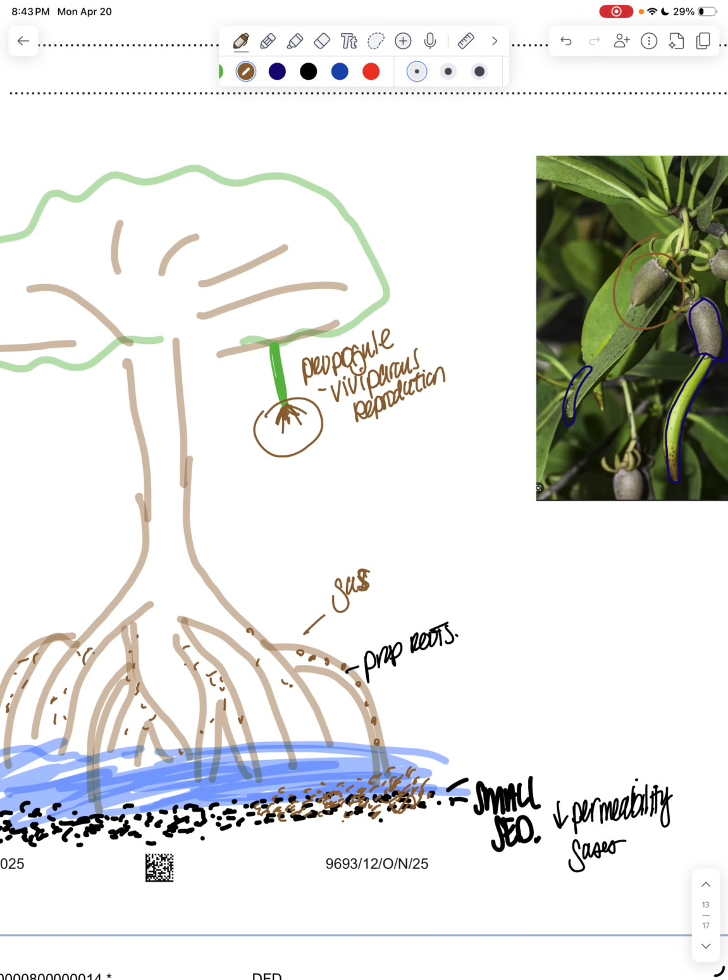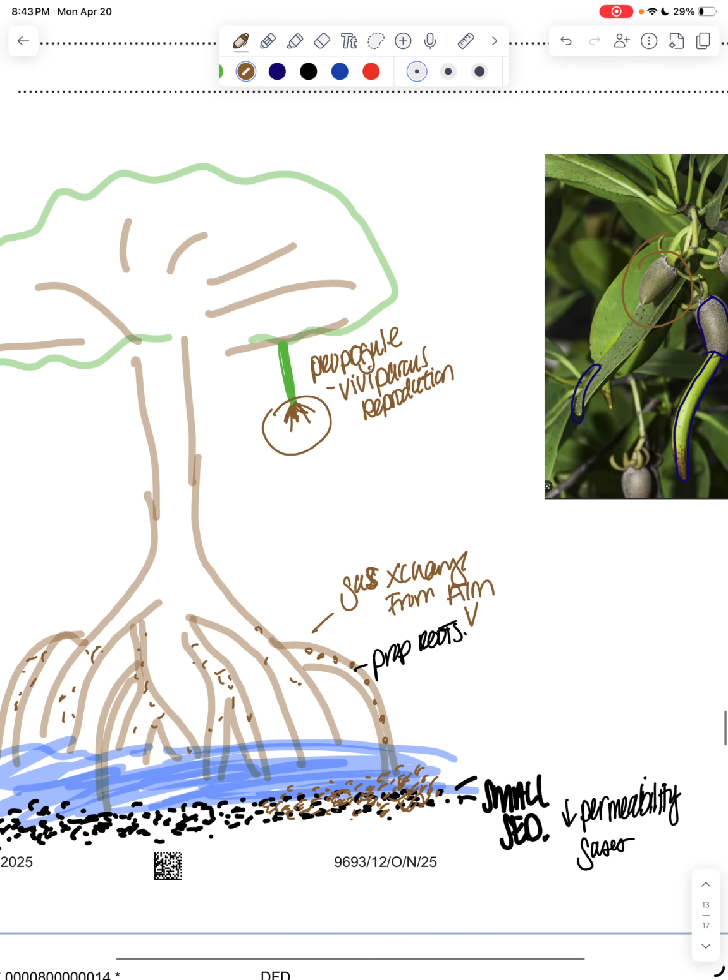Gas exchange from the atmosphere. And these are called, dang it, hold on. Not denticles. I was going to say vesicles. No, that's in the cell. It's lenticels.